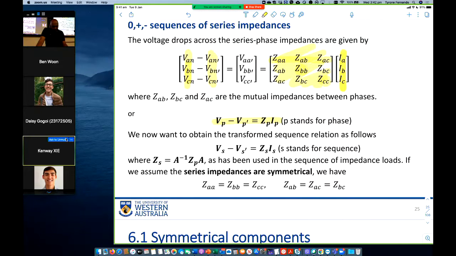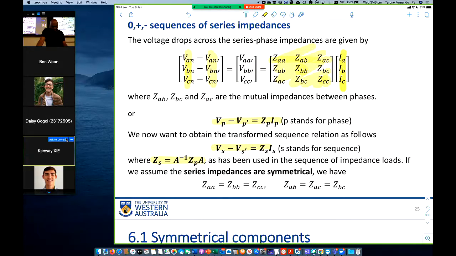And those are the phase values, and we can also consider the sequence values. So Vs minus Vs dash is Zs, the sequence matrix, multiplied by the sequence currents. And then we know that the sequence matrix is A inverse ZP A. We derived that.